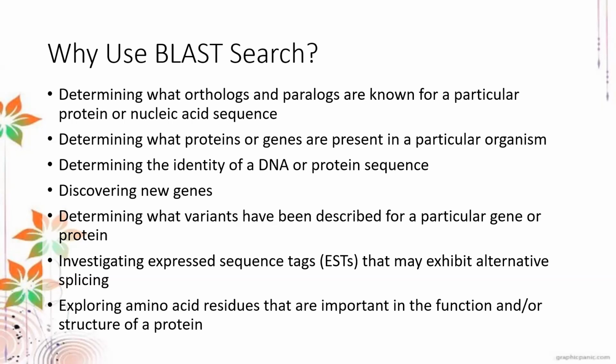We can also use BLAST for investigating expressed sequence tags, which may exhibit alternative splicing. So a single ORF can have multiple proteins. A single stretch of a gene, or a single stretch of nucleotides in the DNA that has an ORF, can have multiple splicing, because remember, in the central dogma, you have post-transcriptional modification. And among the post-transcriptional modifications, you have alternative splicing.